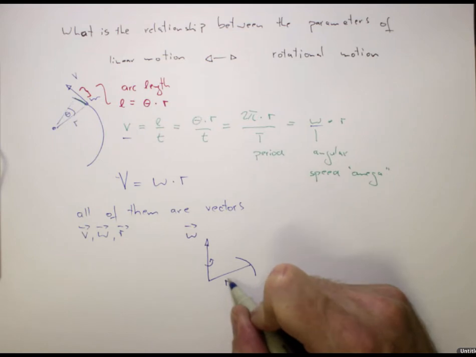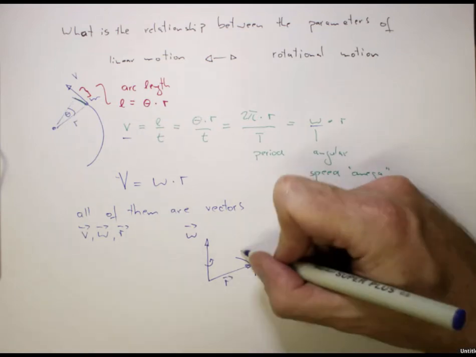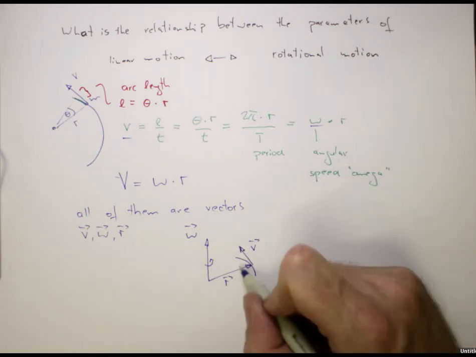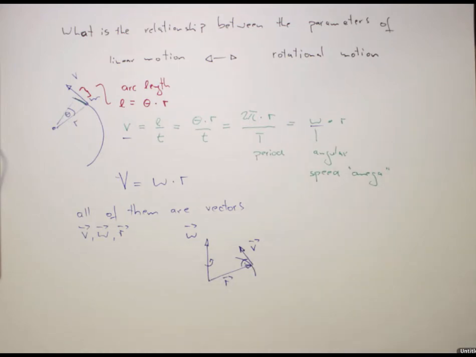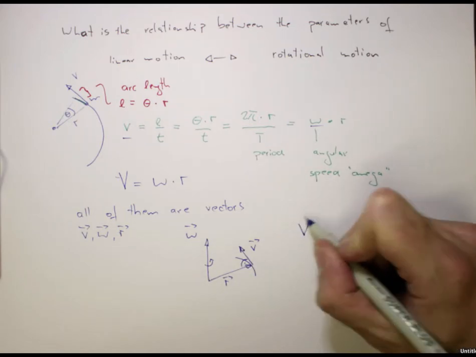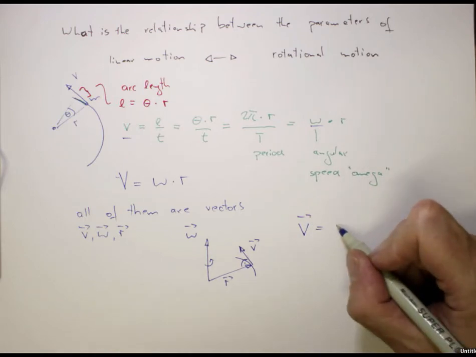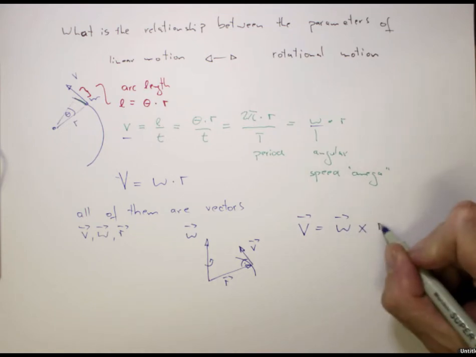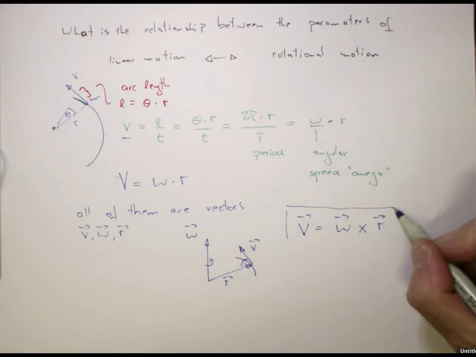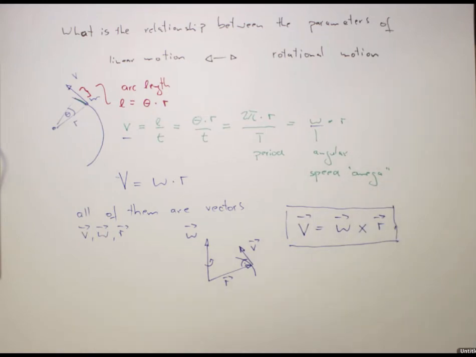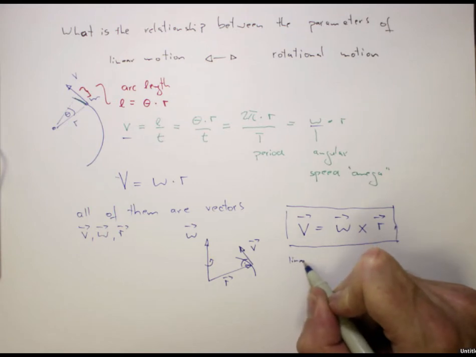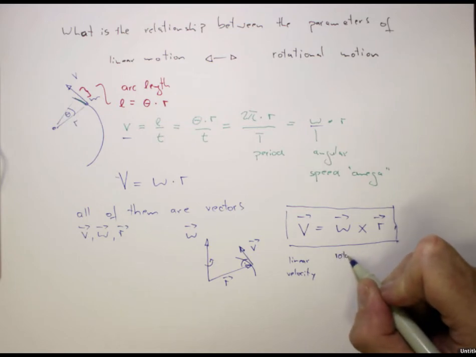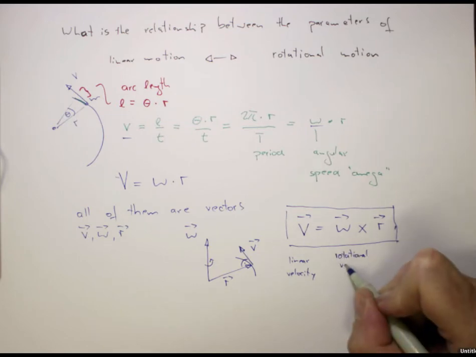We have the radius vector pointing radially outward, and the linear velocity vector is in plane, and it has a right angle to r. It also has a right angle to omega, and the three are related by the cross product according to v is equal to omega cross r, and that is the most general expression that relates linear velocity with rotational or angular velocity.